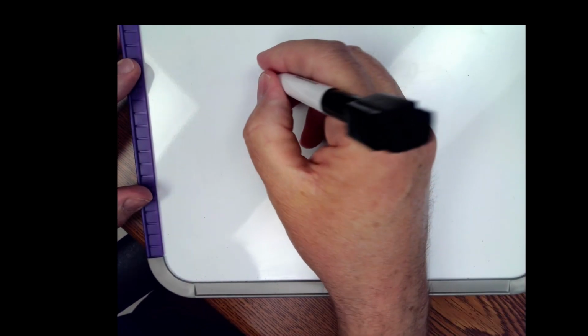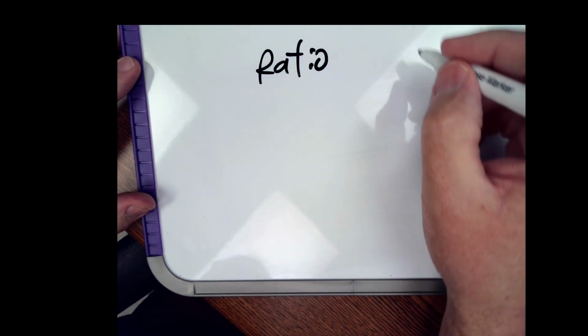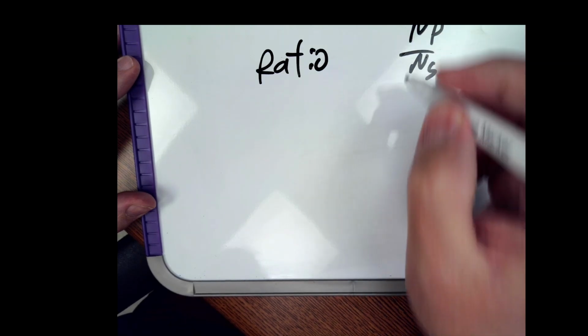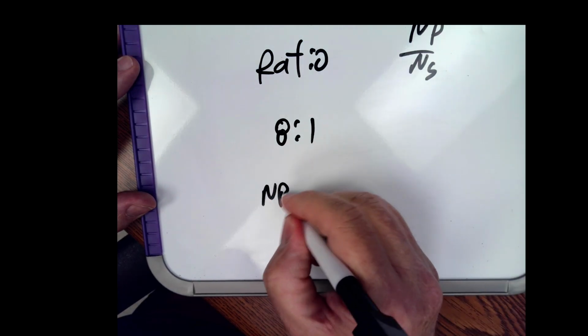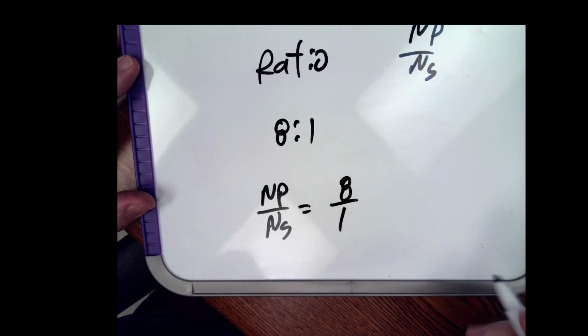So if you're given, say, a ratio, and the ratio is always going to be NP over NS. So if it's 8 to 1, that means NP over NS equals 8 to 1.